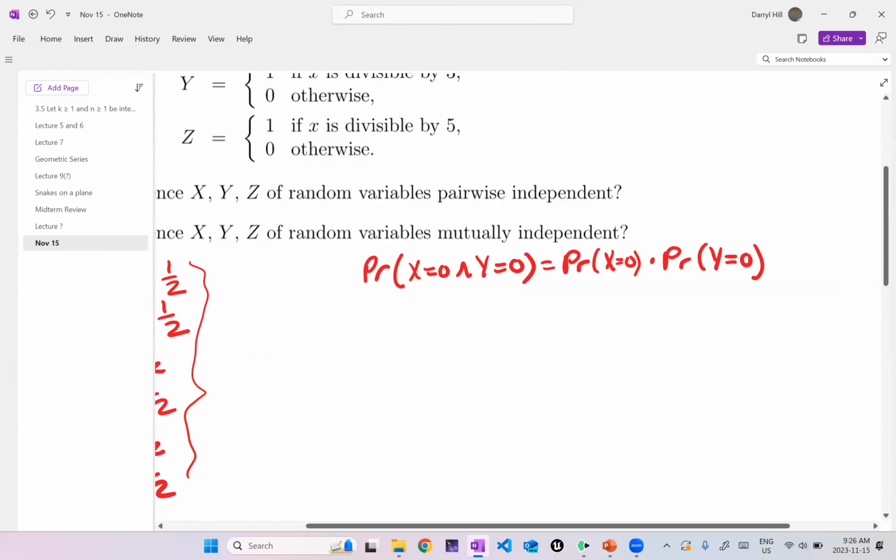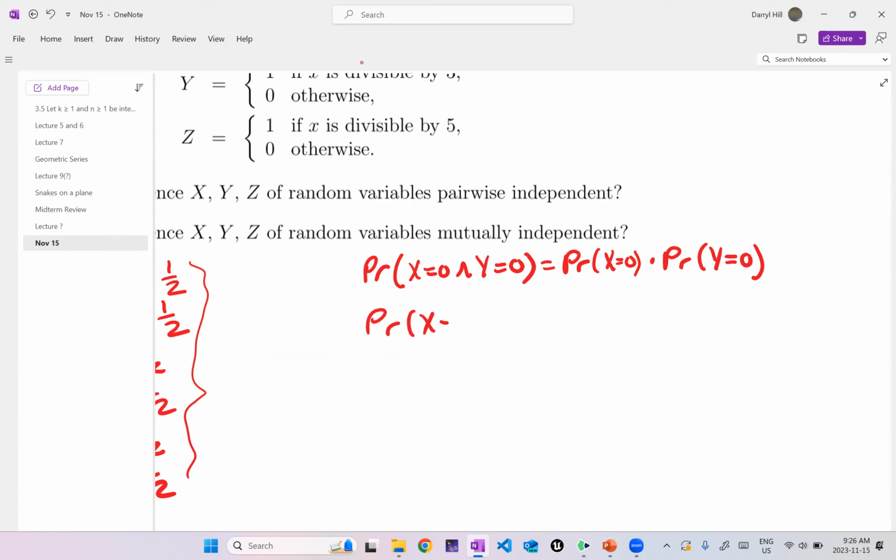So whatever's on the right-hand side is equal to 1/4, right? 1/2 times 1/2 is equal to 1/4. So yes, we have a bunch of these to prove, but the right-hand side's already taken care of, right? So we're just going to look at the left-hand side of all of these possible equations for pairwise independence.